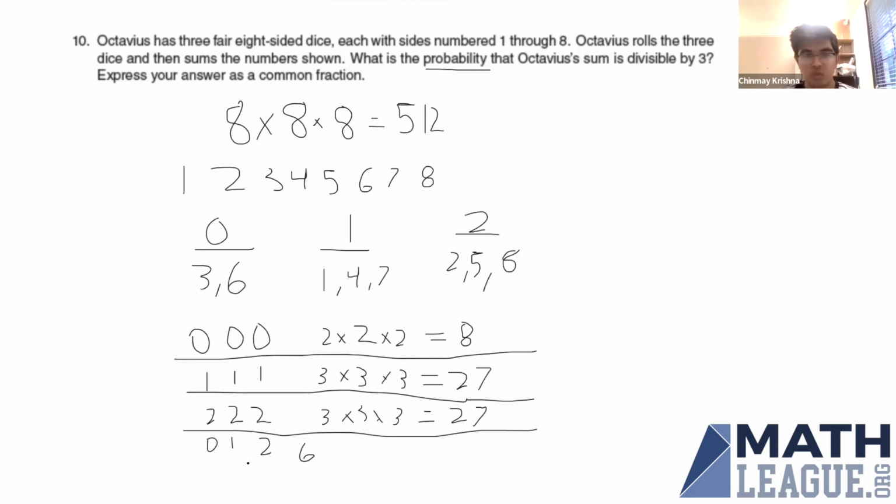After that, it would be like we did before. There are 2 options for a number that's divisible by 3, 3 options for a number with a remainder of 1, and 3 options for a number with a remainder of 2. When we multiply that out, we get 6 times 18, so 108.